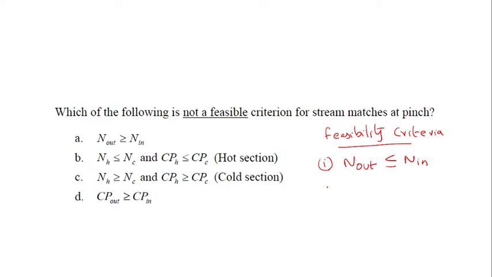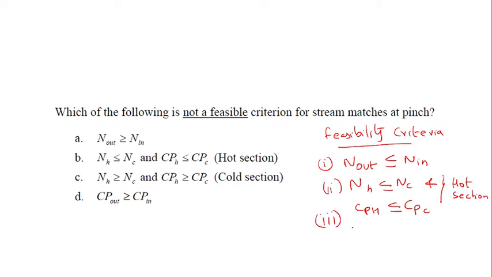Second one is NH less than or equal to NC, and CPH less than or equal to CPC for a hot section. Third one, NH is greater than or equal to NC, and CPH is greater than or equal to CPC in the cold section.